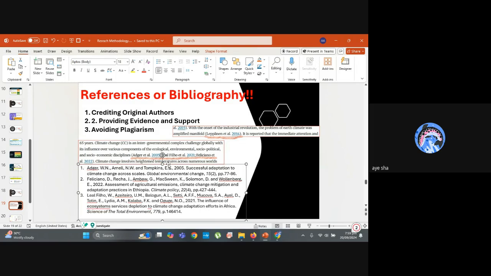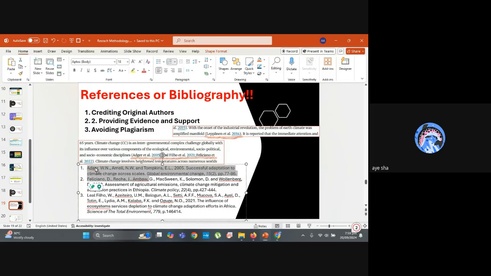You have to arrange your references in Harvard style. I have already mentioned in the past session that when you write the bibliography or the reference list, you have to give it in Harvard style. Now, this is the Harvard style, as you can see here.